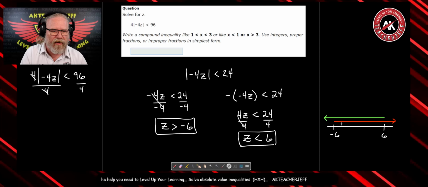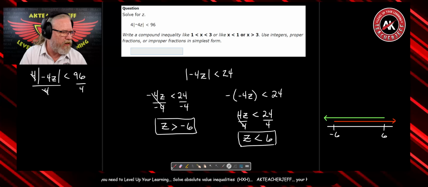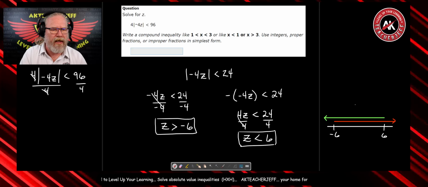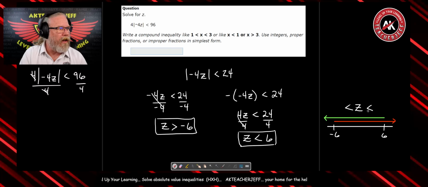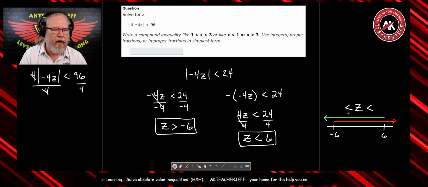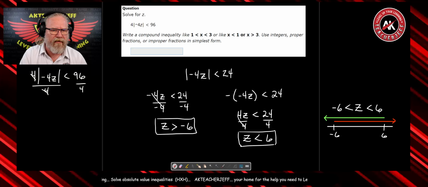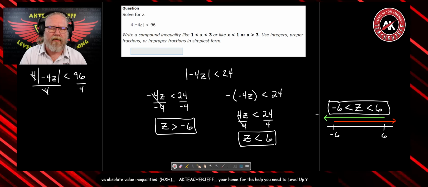So we do have some overlap between negative 6 and positive 6, so this is going to be an and situation. And we can write and situations with the variable in the middle, which is z. Both arrows go left. And yep, they should both be no equal sign, right? And also our lesser value on the left, greater value on the right. So that is the answer to this particular problem.